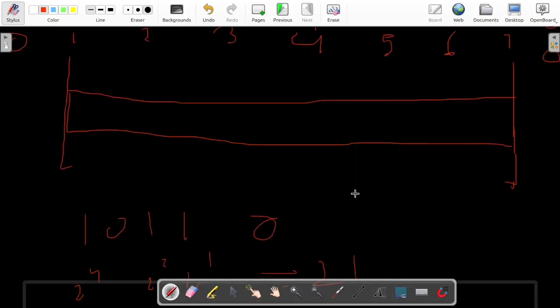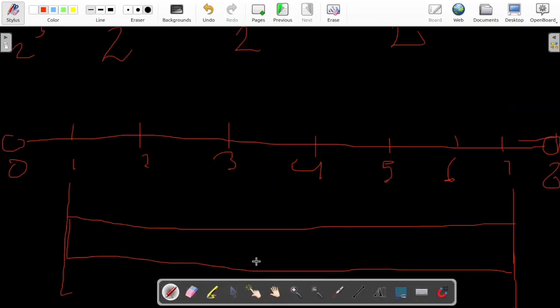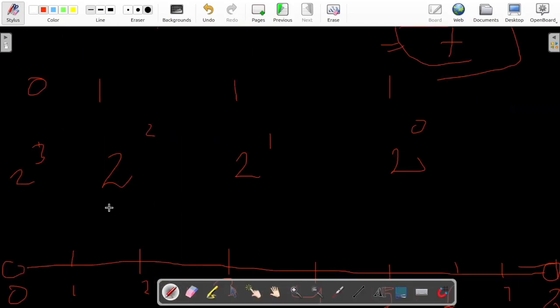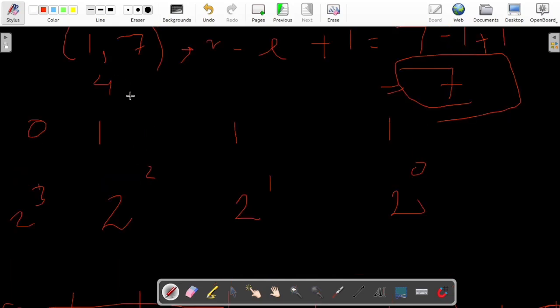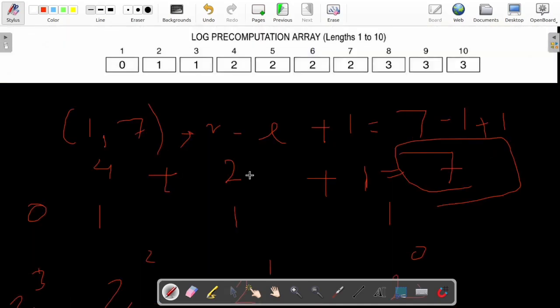Now what if I say using these powers of 2, we will simply calculate our answer. Let's see how. Similarly, 7 is built using 3 powers of 2, that is 4 plus 2 plus 1. 7 is constructed using these powers. Using these powers, we will calculate our answer.